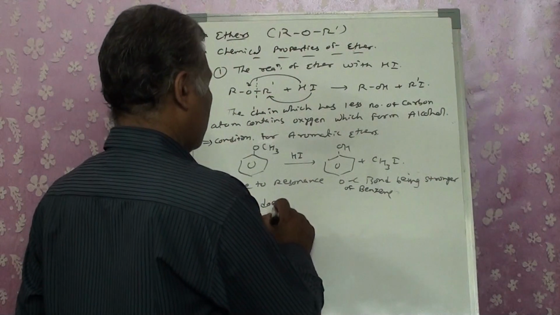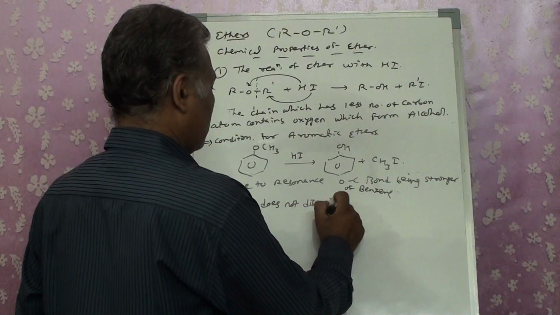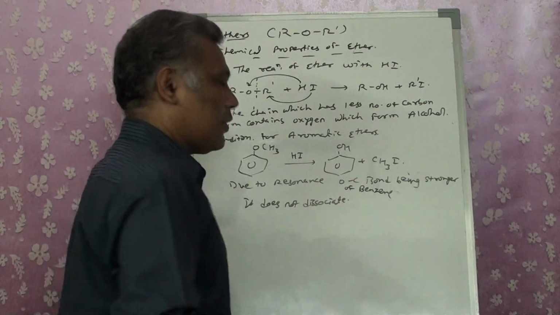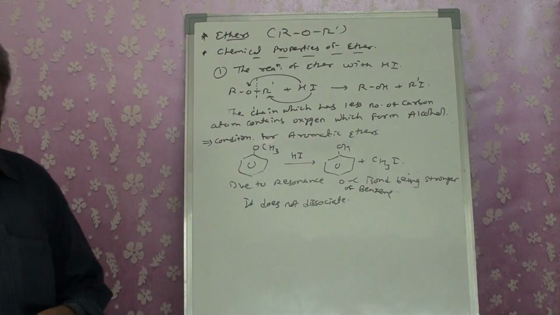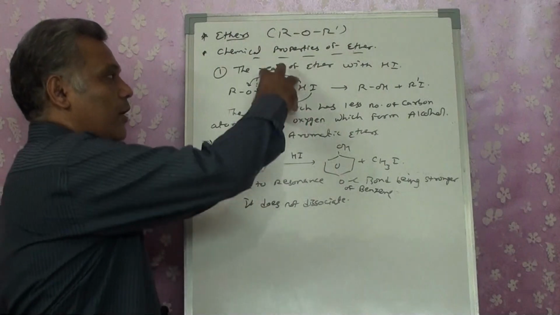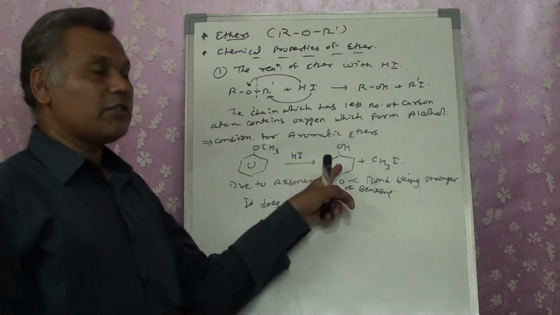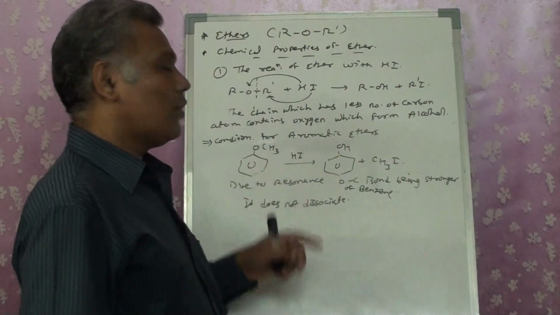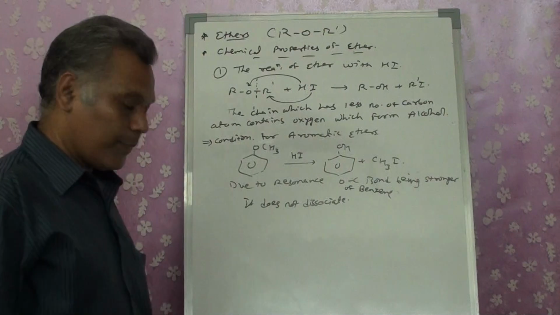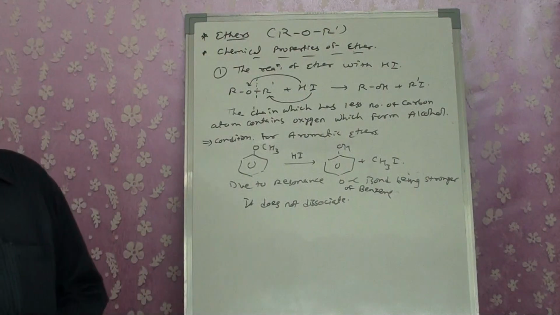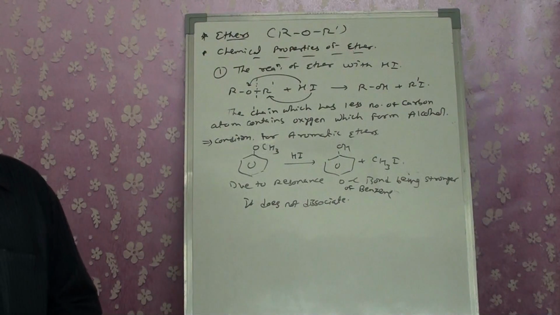It does not dissociate, and therefore we get phenol plus methyl iodide. So that is because of the aromatic. In the aliphatic we got the smaller chain with oxygen. Oxygen will go with a smaller chain, but here for the aromatic, oxygen will go to the aromatic component, right? So that is for the cleavage of that compound, right?